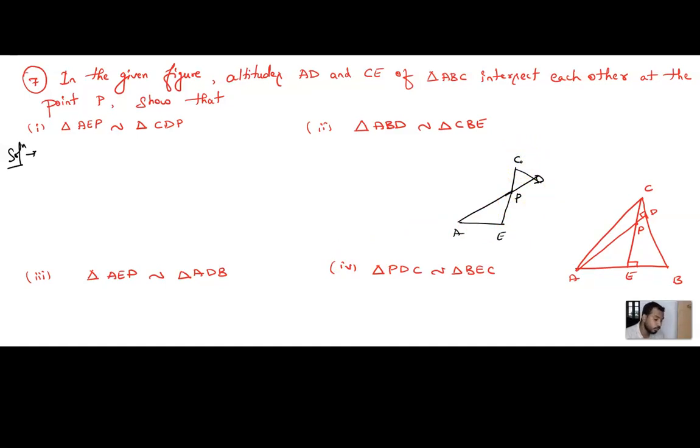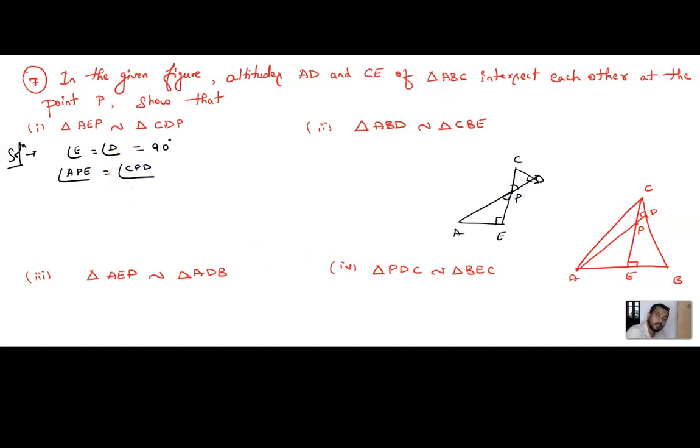What do we know? We know that angle E is 90 degrees and angle D is also 90 degrees. We know that angle E is equal to angle D. Angle AEP is equal to angle CDP. Both are equal to 90 degrees. Yes or no, children? And also we know that angle APE, this angle, is equal to angle CPD, this angle.